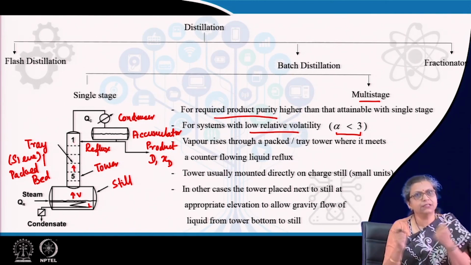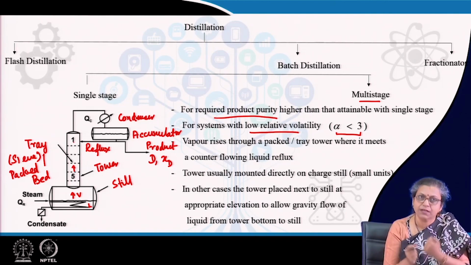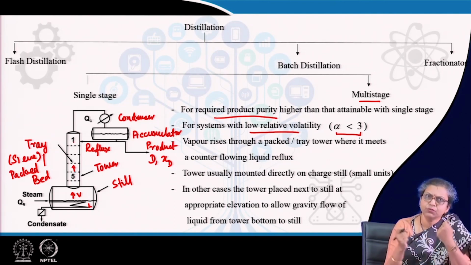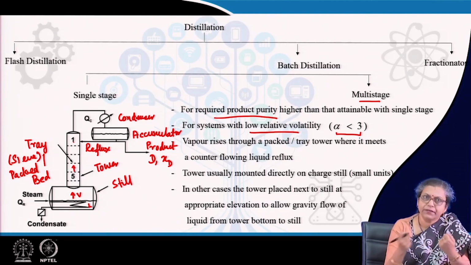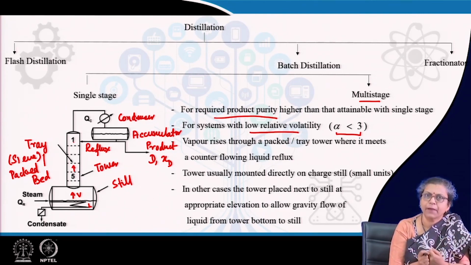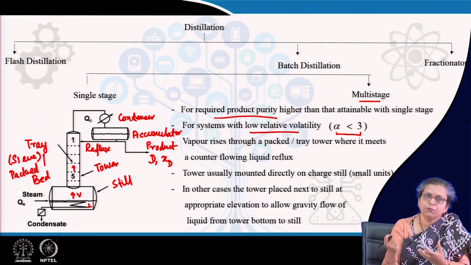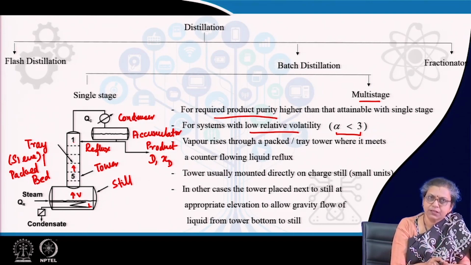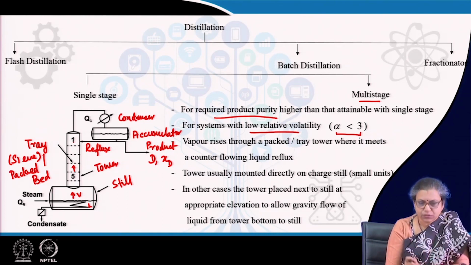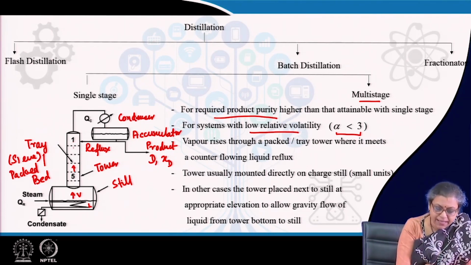There is additional mass transfer between the reflux and the vapor. The reflux is a liquid and the vapor is a vapor. So, when there is additional mass transfer, from the reflux the more volatile components diffuse into the vapor phase, and from the vapor the less volatile components come into the liquid phase. As a result, we get enhanced enrichment of the vapor phase.